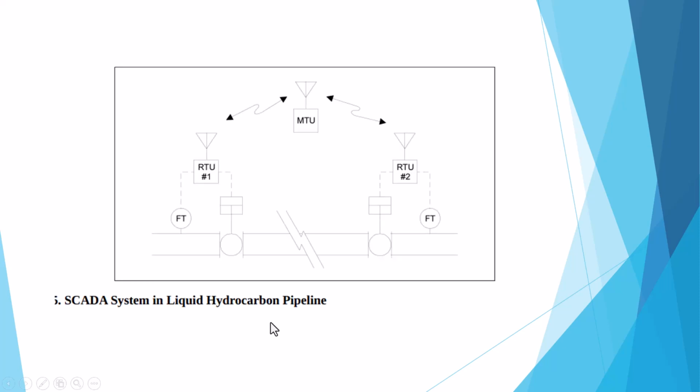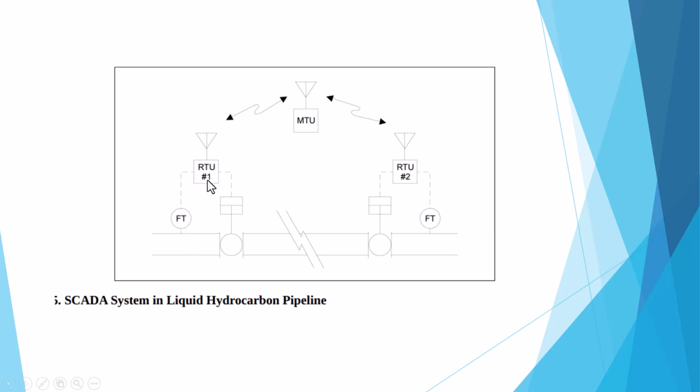Here is the SCADA system in a pipeline. For example, if the MTU wants to get data, it just sends an instruction to the RTU. The RTU gets the instruction from the MTU, then collects the data from the flow transmitter.